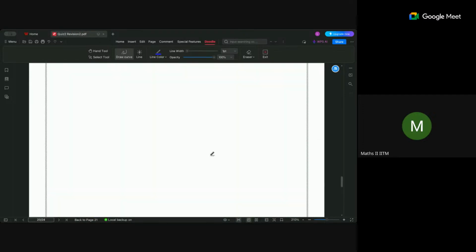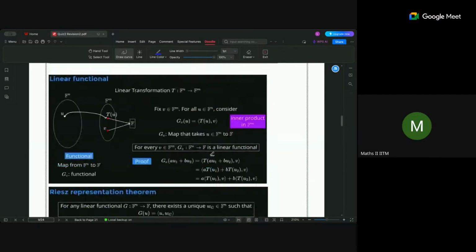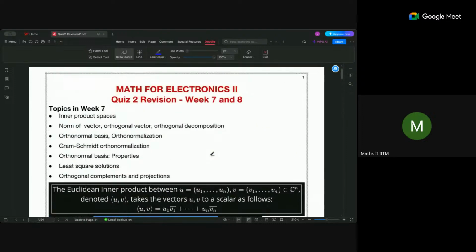So what are the main topics in week 7 and week 8? Quickly, let me tell you. Week 7 is about inner product spaces. Mainly you have problems which ask you to find the set of orthogonal vectors to a given set of vectors. Then you have the Gram-Schmidt process, which converts a basis to an orthonormal basis.